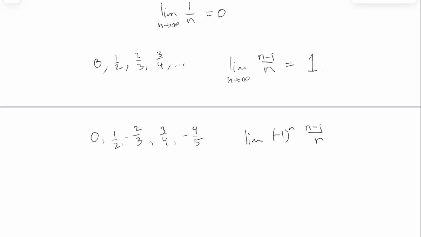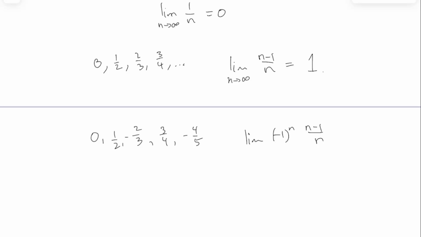Yeah? Does not exist. Why do you say that? Oscillating positive and negative. Yeah, these things are oscillating positive and negative. If you focus on the even ones, they are all positive, and those are approaching positive 1, for the same reason that this thing approached positive 1. But the odd ones are all negative, and those are approaching negative 1. So some of them are approaching one value, some of them are approaching another value.